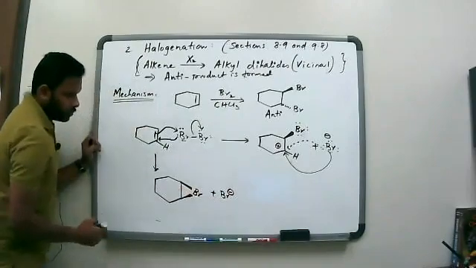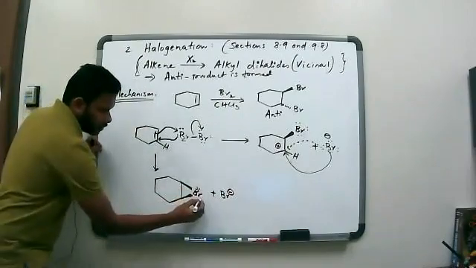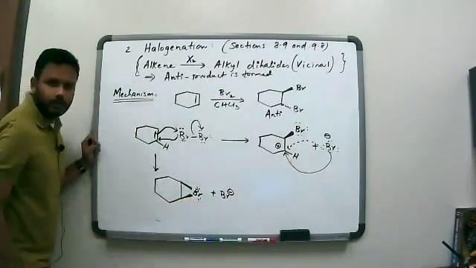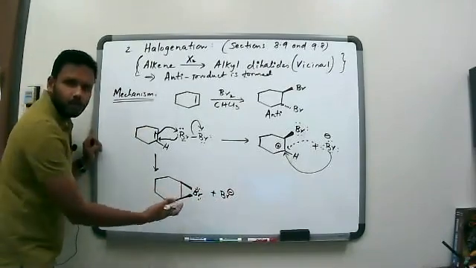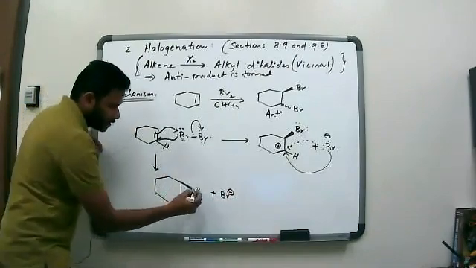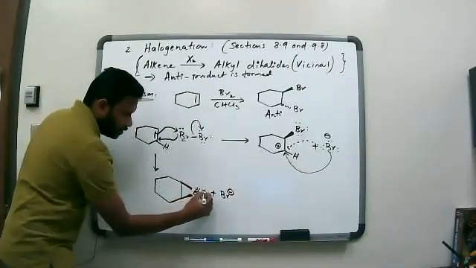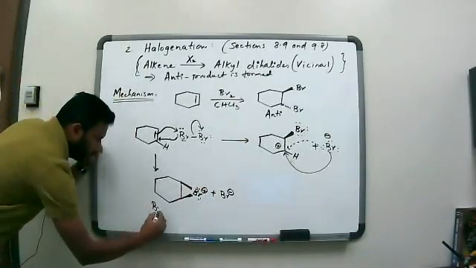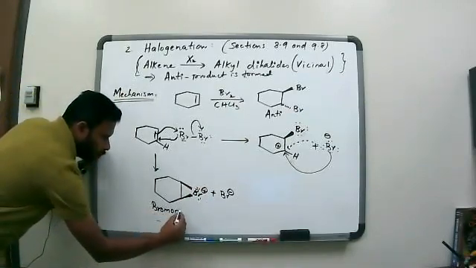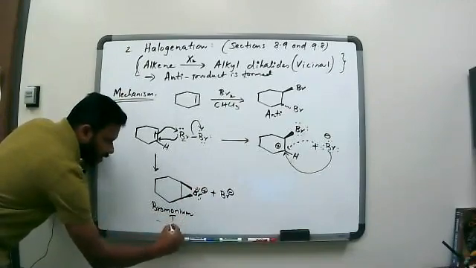Now this bromine here should have 2 lone pairs to it, and that's more bonds than what we've usually seen a halogen do. And so this bromine here is positively charged. We call this a bromonium ion.